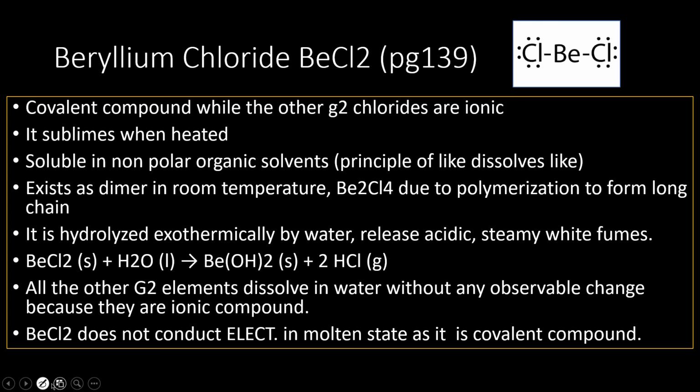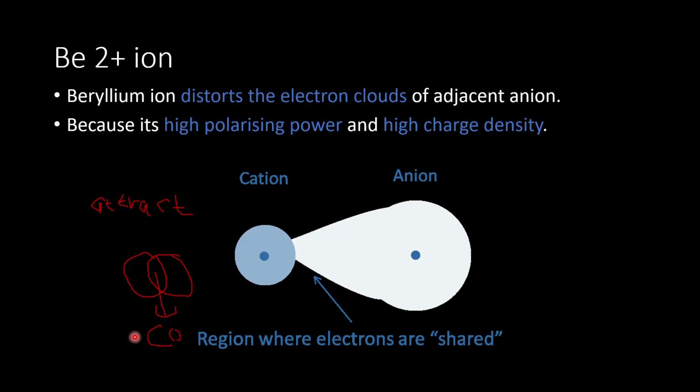So now let's move to beryllium chloride. Beryllium chloride is a covalent compound, while the chlorides of the other group 2 elements are ionic compounds. That is because beryllium distorts the electron clouds, making a shared region between the ions, and hence it becomes a covalent compound.